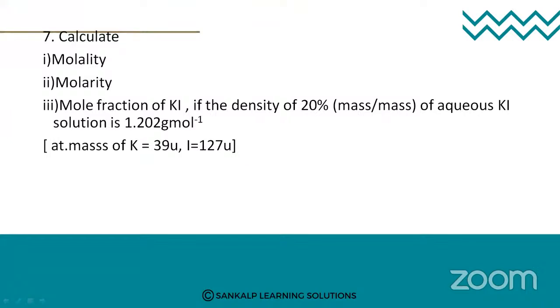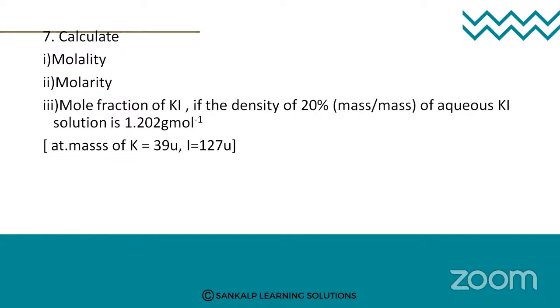So what is molality? How do you calculate molarity and mole fraction? What do you mean by molality? Molality is the number of moles of solute dissolved in 1 kg of solvent, right? Then how do you calculate the molarity? Number of moles of solute dissolved in 1 liter of solution, right?